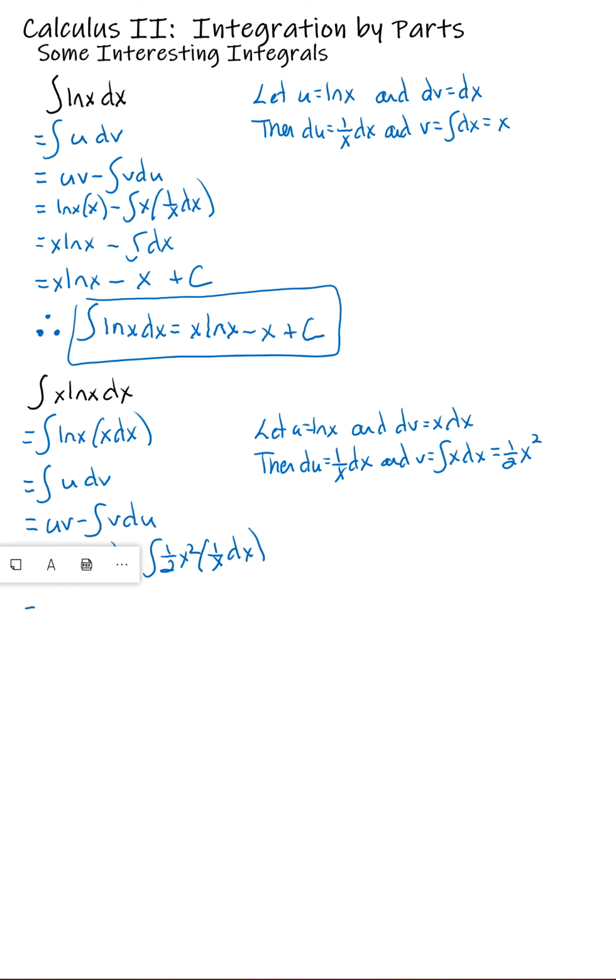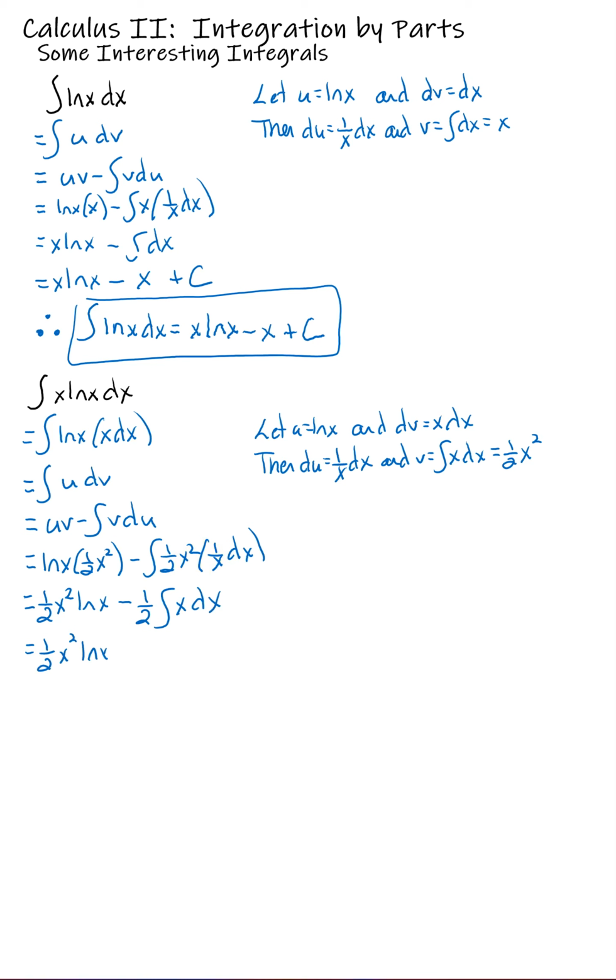If we clean this up a bit, that's 1/2 x squared times the natural log of x minus, I'll factor that 1/2 out, 1/2 times the integral of, let's see, we have x squared times 1 over x. Well, that's just the integral of x dx. That's not so bad.